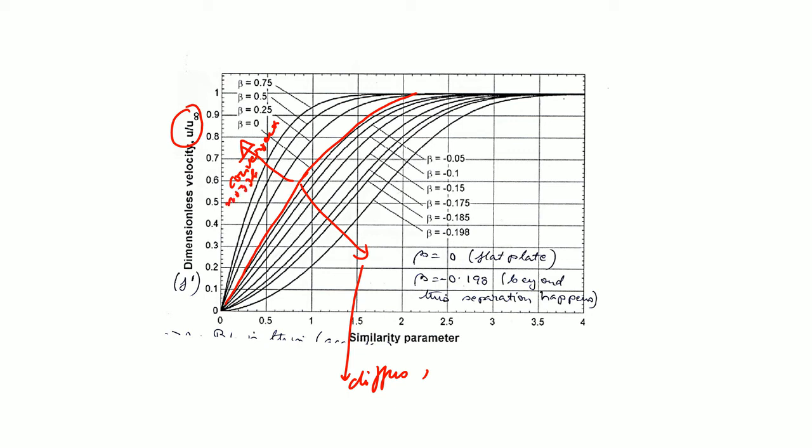Now, as you can see from a diffuser, what happens, very standard things, is that the flow is basically facing what we call an adverse pressure gradient. As this diffuser angle becomes larger and larger, the flow will at some point start to separate. And that separation happens at around beta equal to minus 0.198, approximately close to minus 0.2.